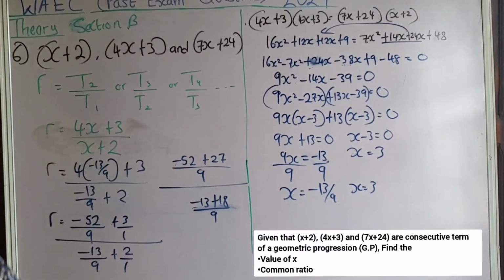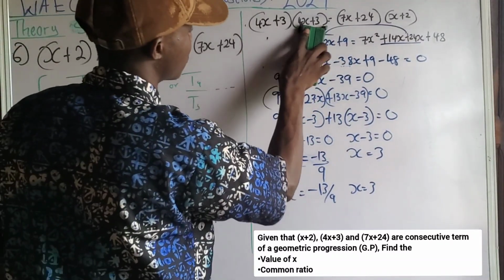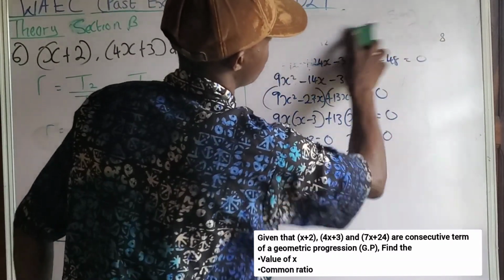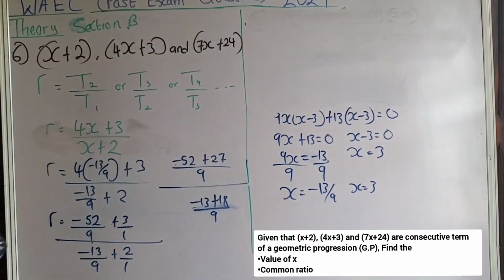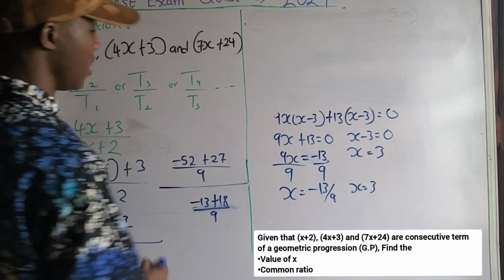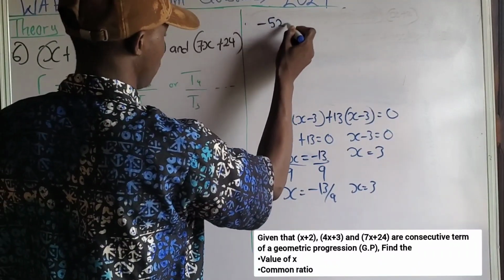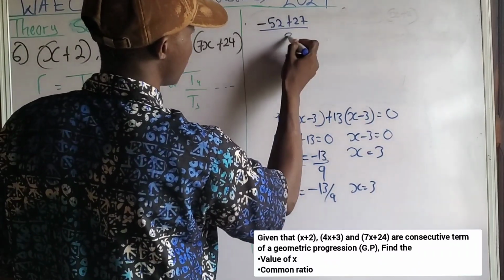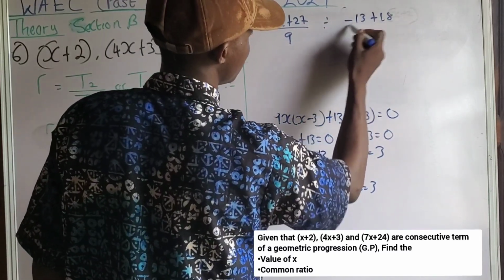So, let me finish this. Minus 52 plus 27 all over 9 divided by minus 13 plus 18 all over 9.